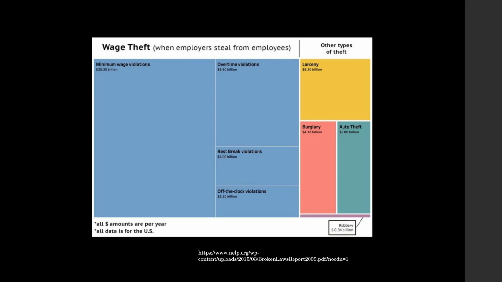it's 0.34 billion versus 23 billion. So it's not 10 times bigger, it's 70 times bigger. There's 70 times more minimum wage theft than there is robbery. Yet if you picked up the phone and said, hey, my boss didn't pay me the overtime he owed me, the police would say, well, sue him.